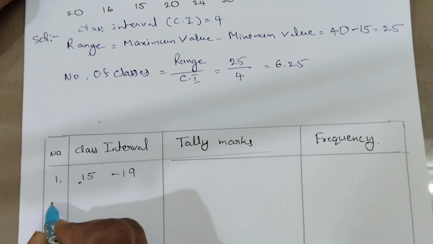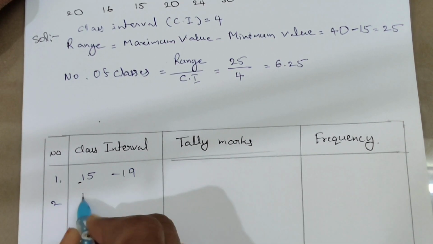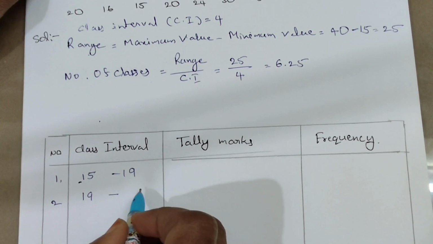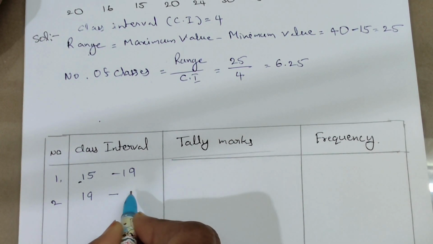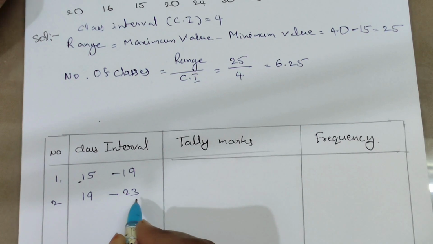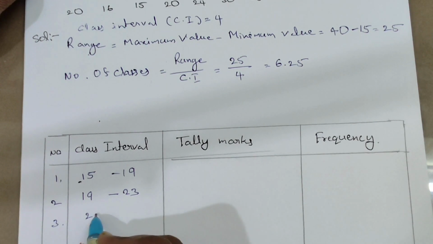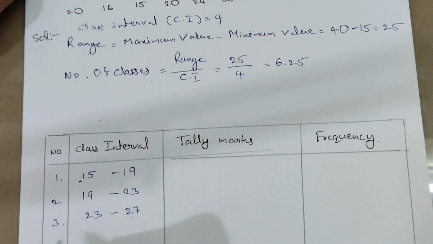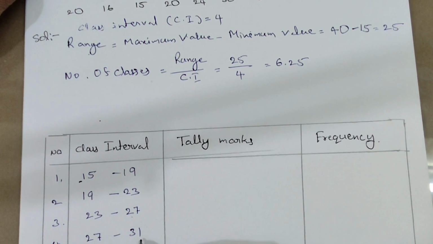Now next we write the second class. Second class: first we take 19, 19 plus 4 is 23. This is the second class. Next third class: 23 plus 4, 27. 23 to 27 is the third class. Next fourth class: 27 to 31. 27 plus 4, 31.